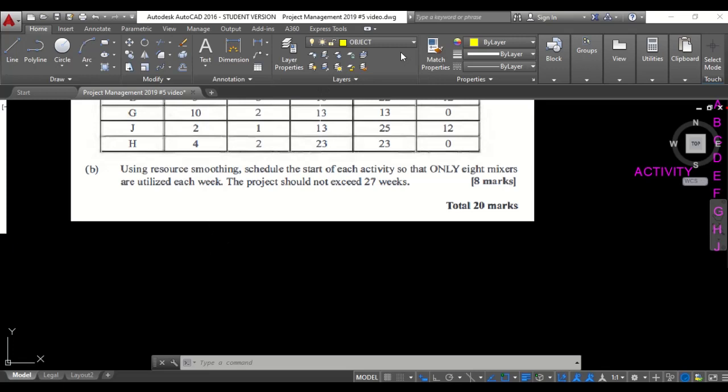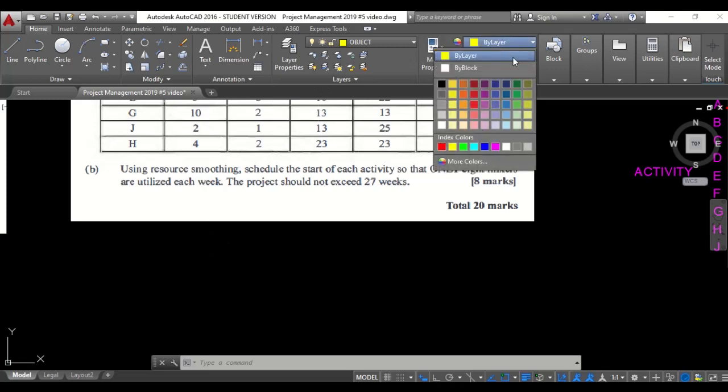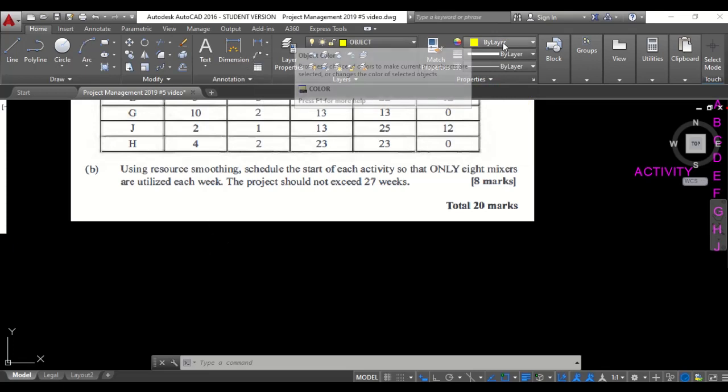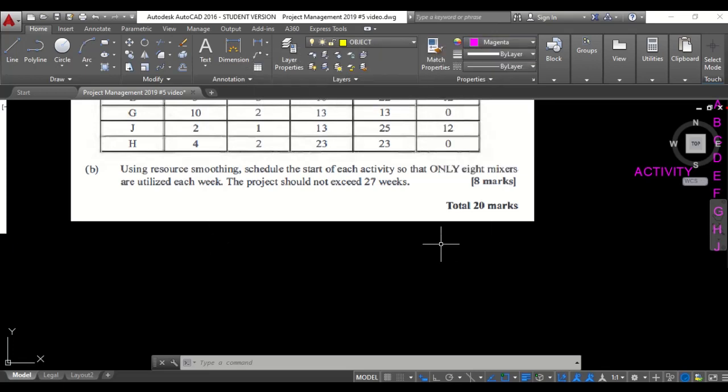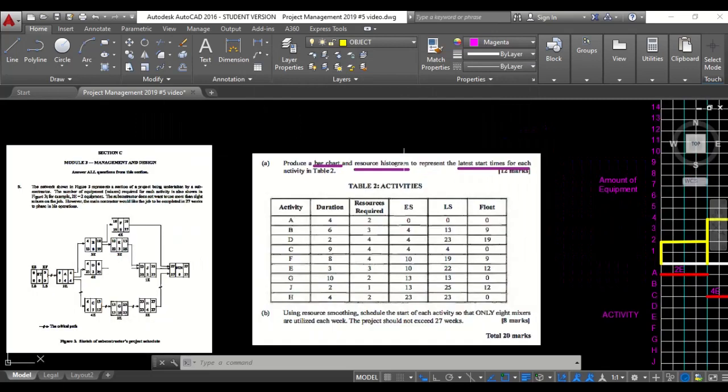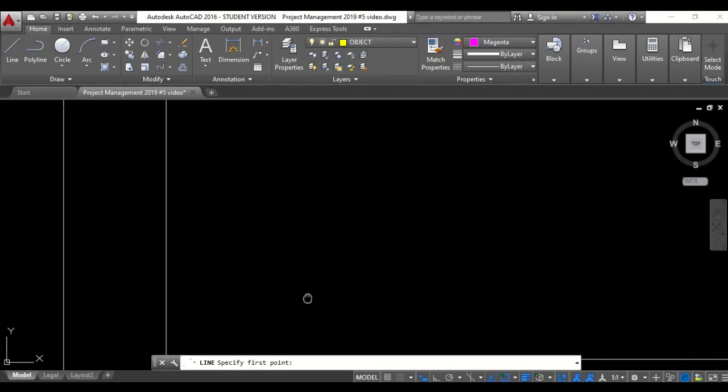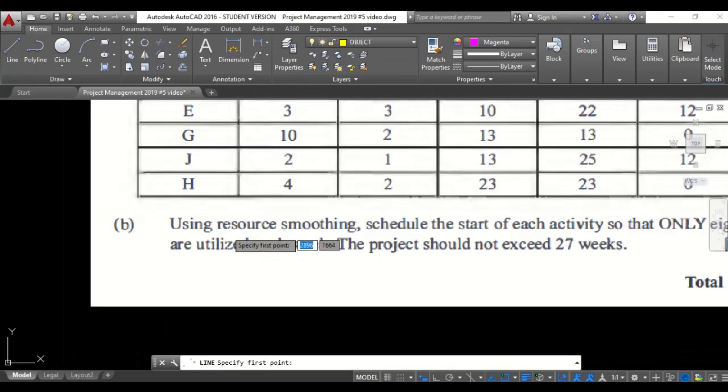So let's go again to specifying, and I'm going to be using the purple color again as I did up there, and I'm going to be highlighting. So they need us to use resource smoothing.